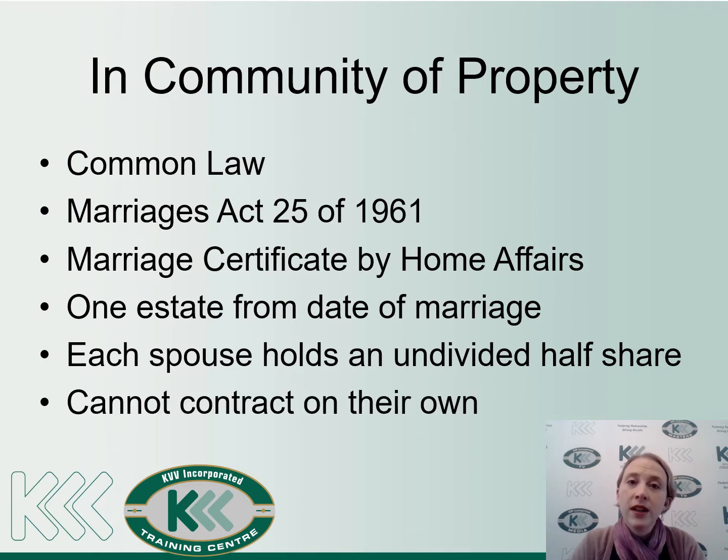Therefore, spouses married in community of property cannot contract on their own. If they want to buy a house or sell a house, both parties must sign the agreement. If they want to take out a loan, both parties must take out the loan and sign the loan agreement with the bank, as both parties will be jointly liable for the debt owed to the bank.